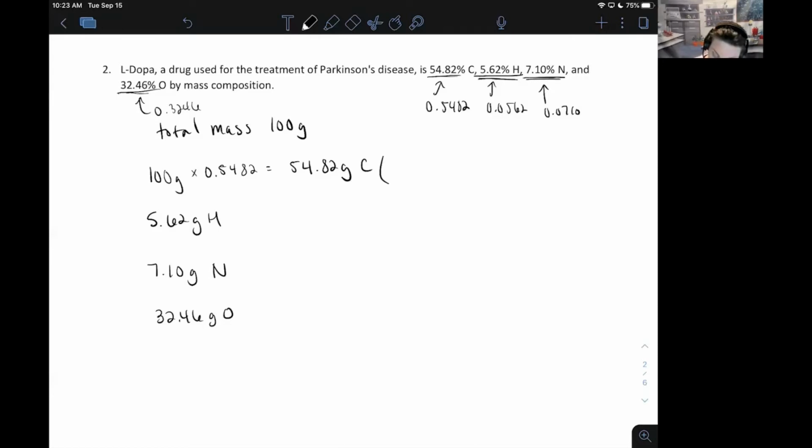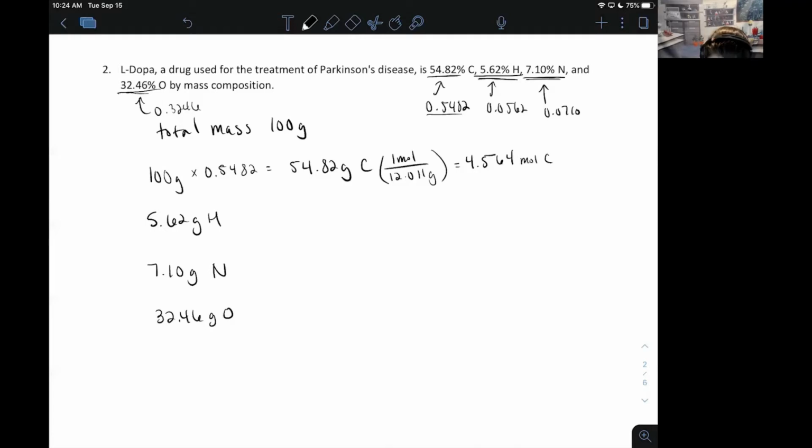So carbon, 1 mole of carbon has a molar mass of 12.011 grams. So when I take my 54.82, divide it by 12.011, I get 4.564 moles of carbon. We have 4 sig figs here.